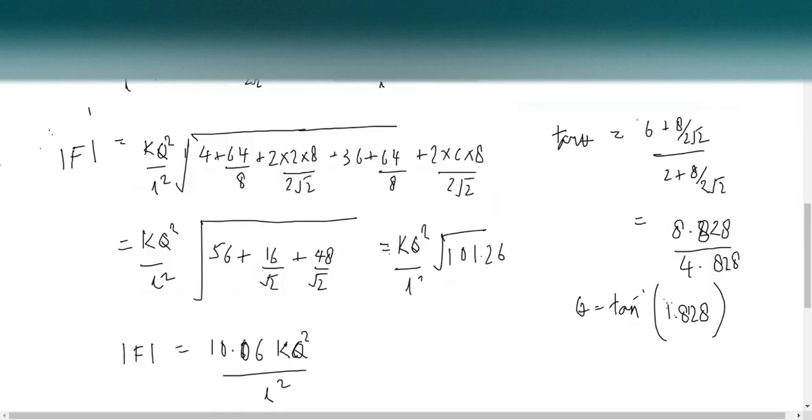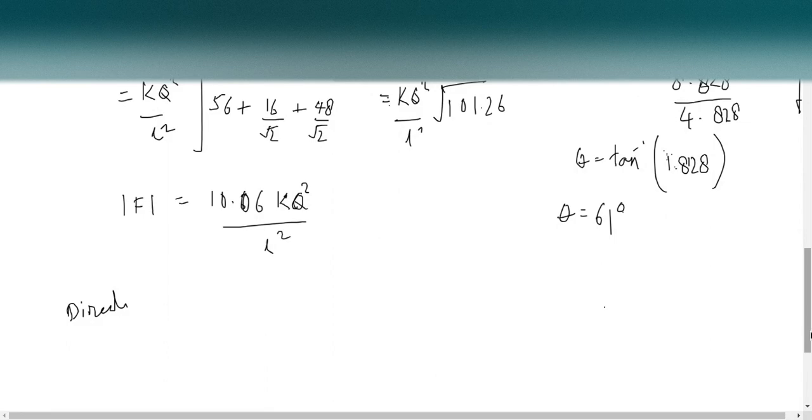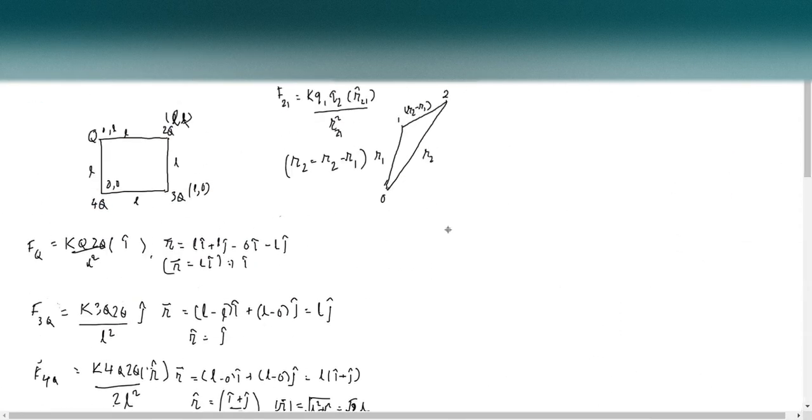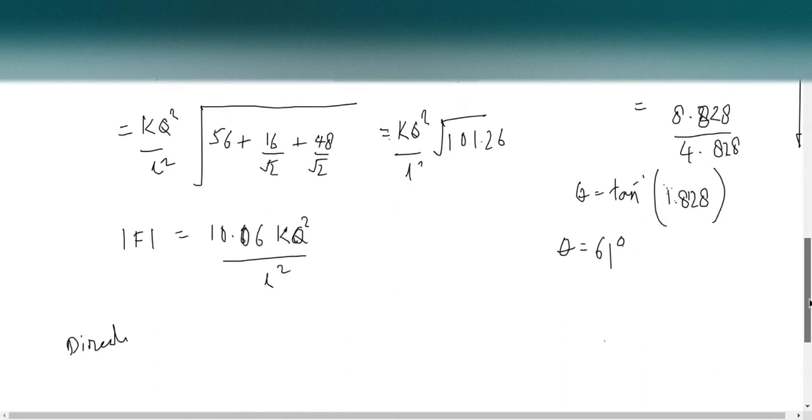Yeah, so the net direction theta would be around 61 degree. For example, this is the position of our charge 2. Suppose this is the x-axis, so this theta would be 61 degrees above, counterclockwise to the x-axis. So we got the theta and we got the magnitude as well. I really apologize for my bad handwriting. I hope it would help.